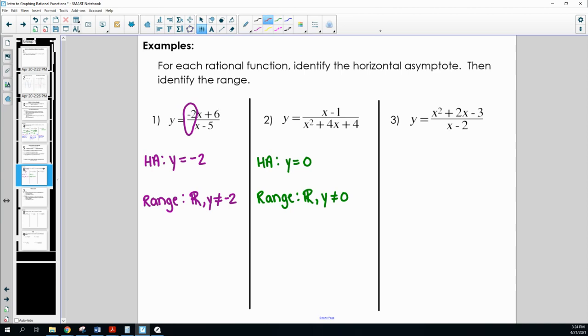Okay, and for the last one, again, check your degrees. The degree of the top is 2, the degree of the bottom is 1. Because the top is larger, this means that there is no horizontal asymptote. So there is none. So that means that the range will be all real numbers. Right? There's no restriction on the y value since there is no horizontal asymptote.